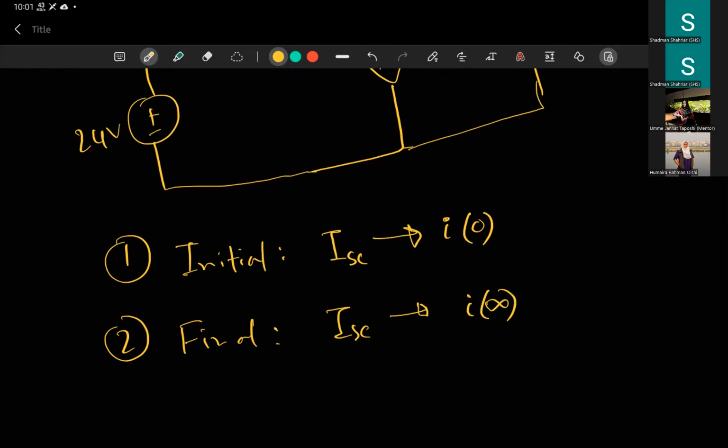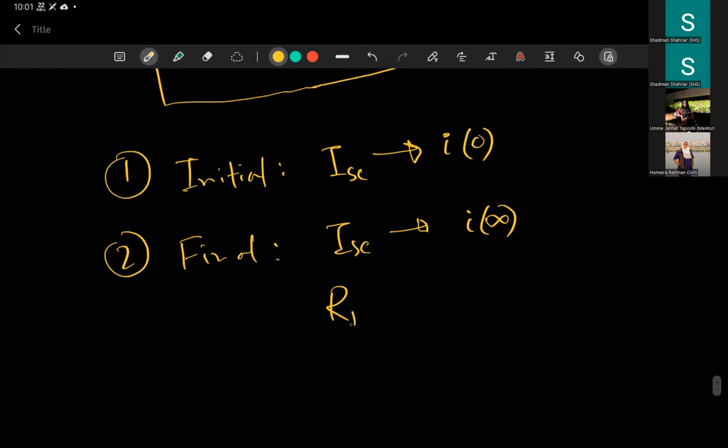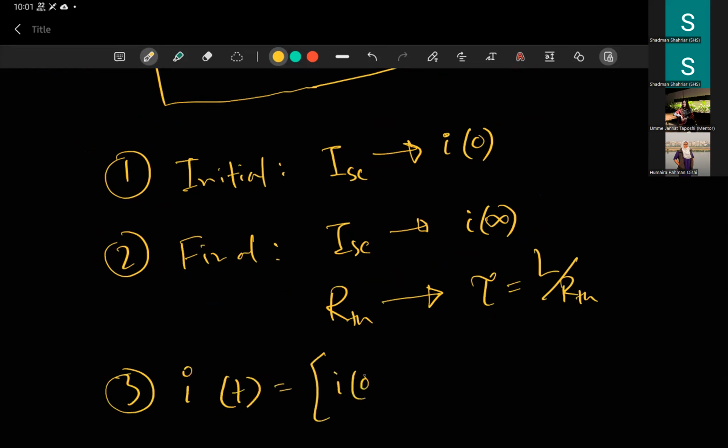And you should find your R Thevenin, which will give you your tau, because L by R is your tau. The equation for IL basically: I(t) equals I0 minus I infinity times e to the power minus t by tau, plus I infinity, right?